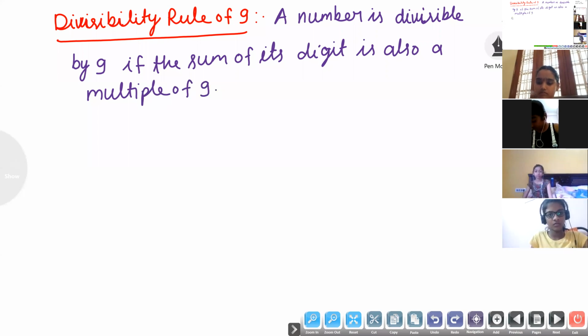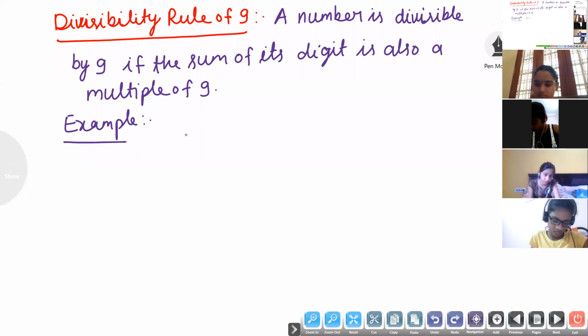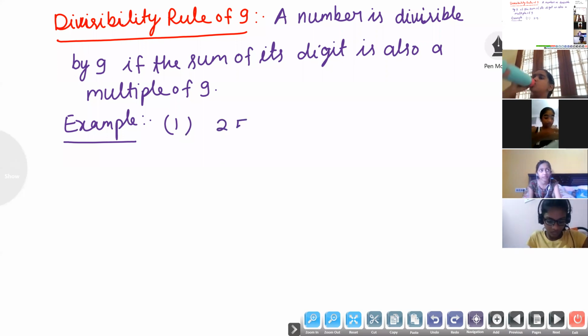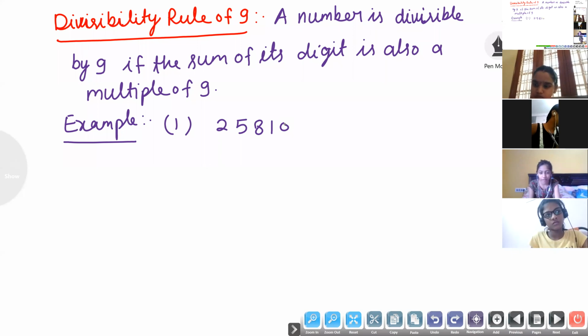Example. I want to check if 25,810 is divisible by 9 or not. How to check? Sum of all digits.